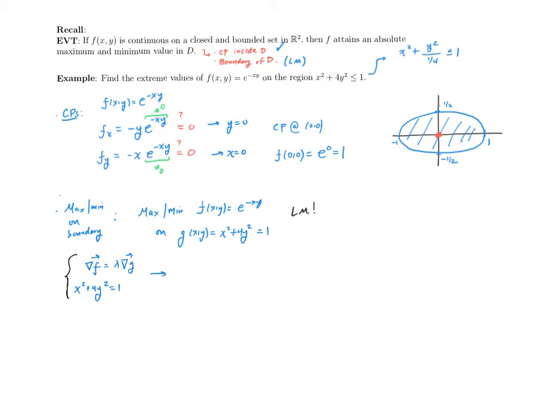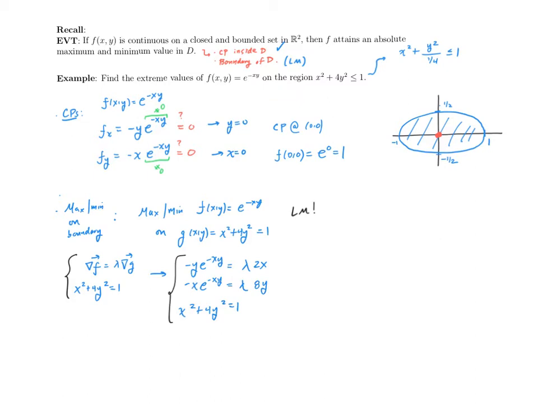We have the equations coming from the gradient: f sub x, which we've calculated above, is equal to lambda times g sub x, and g sub x is simply 2x. Similarly, f sub y, minus x e to the minus xy from above, is lambda times g sub y, which is 8y. And then we also have our constraint equation.